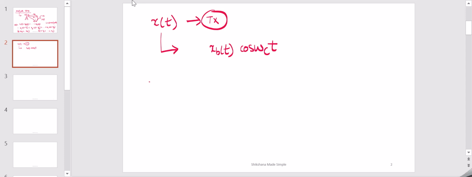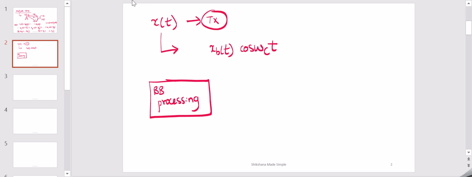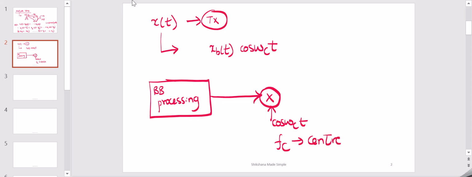Basically, you do all baseband processing, and after baseband processing, you multiply it with the local oscillator, which is cos omega ct. Your fc is your center frequency, or you can say carrier frequency, because this is the one which is going to carry your baseband signal over the air. And this is transmitted.